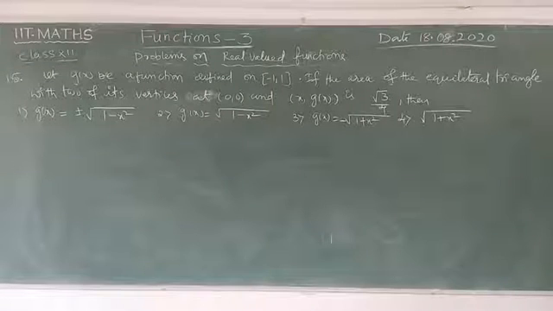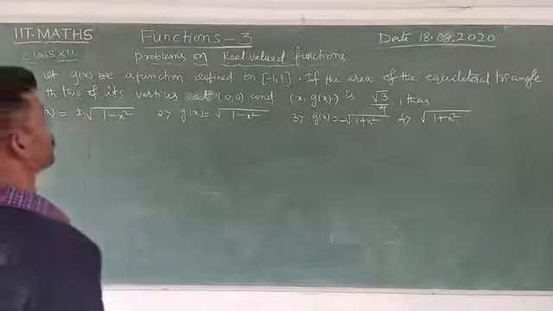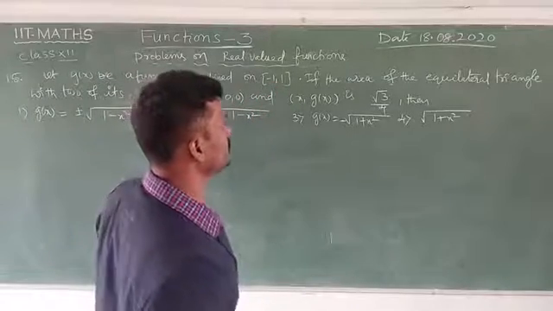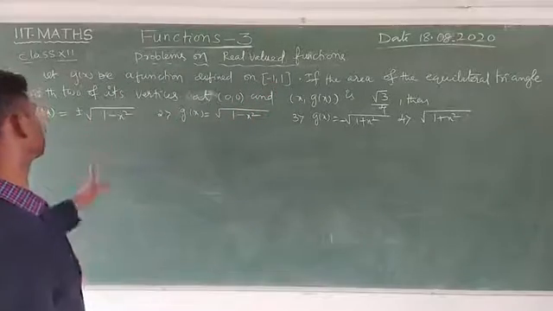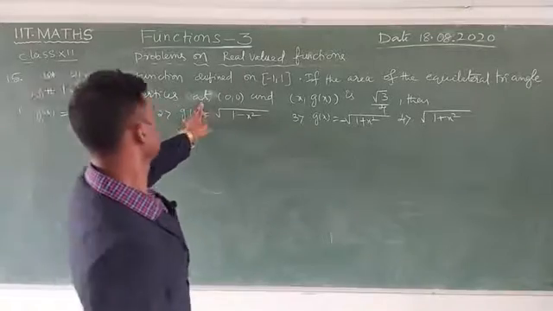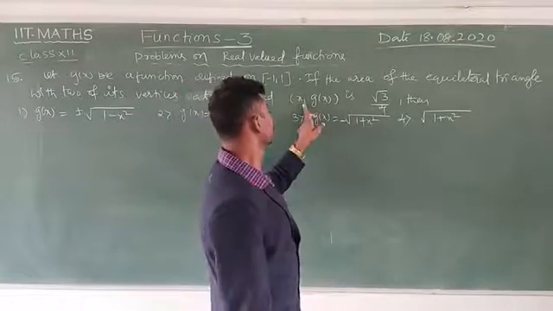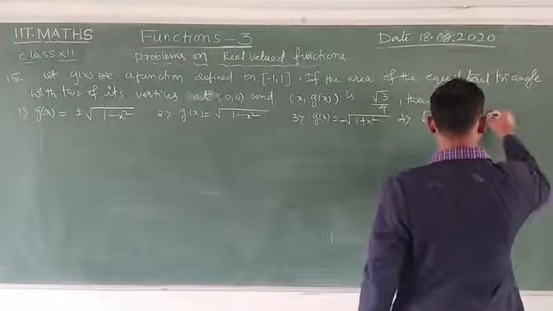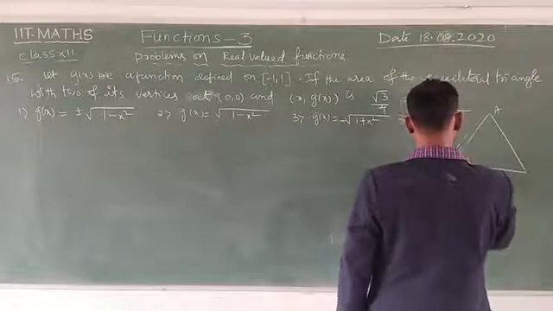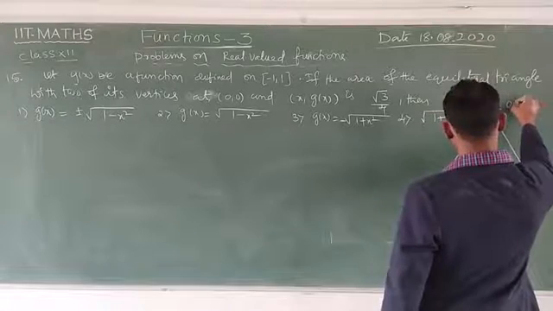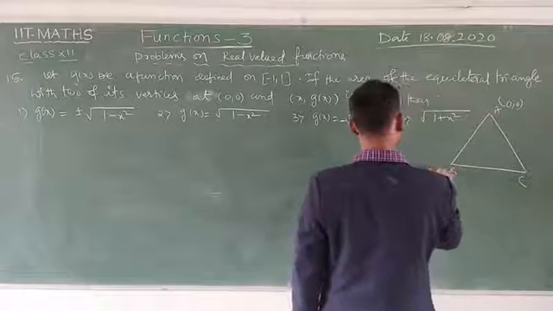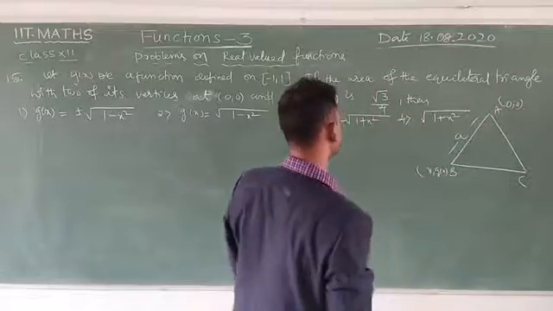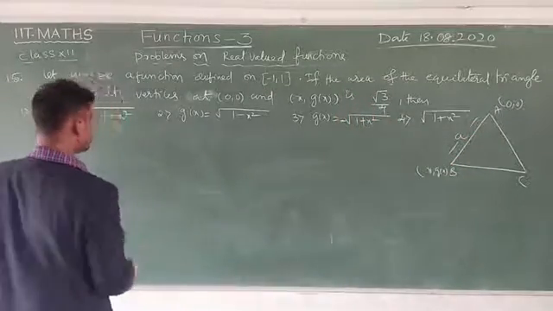Next 15th problem, let g of x be a function defined on closed interval minus 1 comma 1. If the area of the equilateral triangle with two of its vertices at 0 comma 0 and x comma g of x. See here this is an equilateral triangle, here a b c, this is 0 comma 0, you can take one more is x comma g of x. Okay, now this distance is a units you have to take here. Now side is a units.